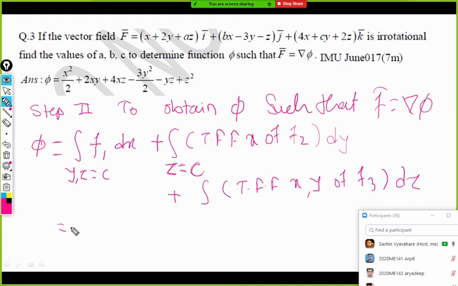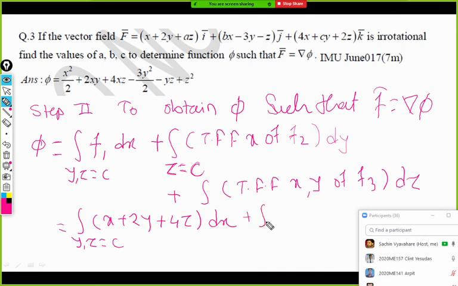So phi equal to, what is f1? Sir, x plus 2y, and the value of a is 4, no? And here treating yz as a constant. Just tell me those terms which are free from x of f2. Minus 3y, minus z.